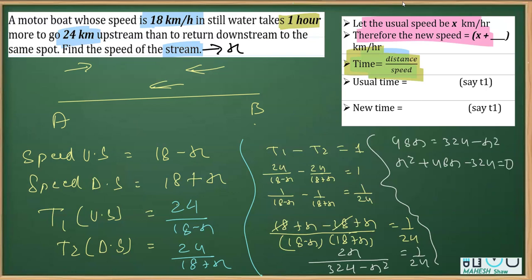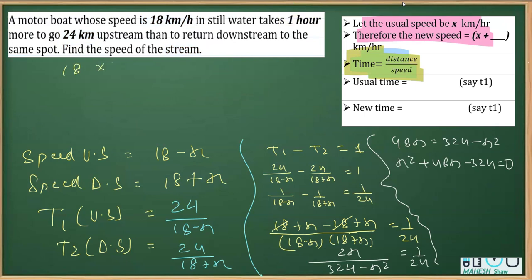Now we have to do middle term splitting. You may do it by another method, that is the quadratic formula. If I do factorization, we have to obtain 48 from 324. 324 is nothing but 18 into 18.